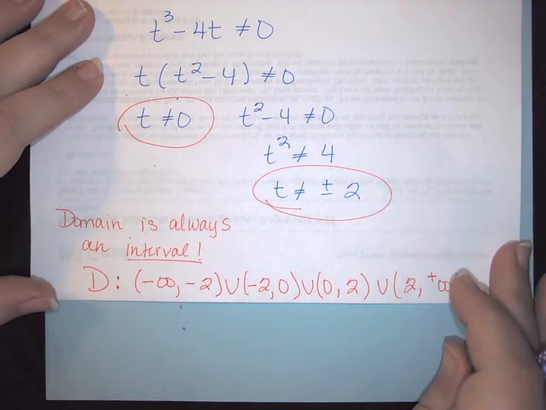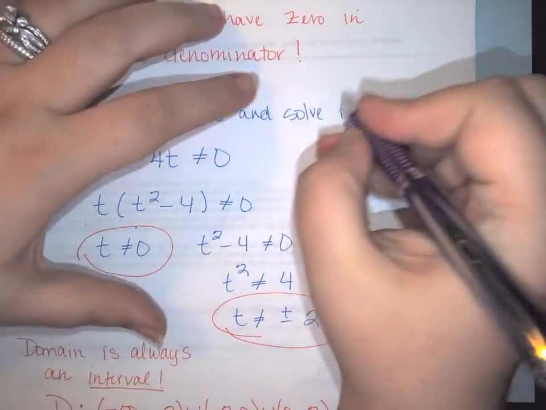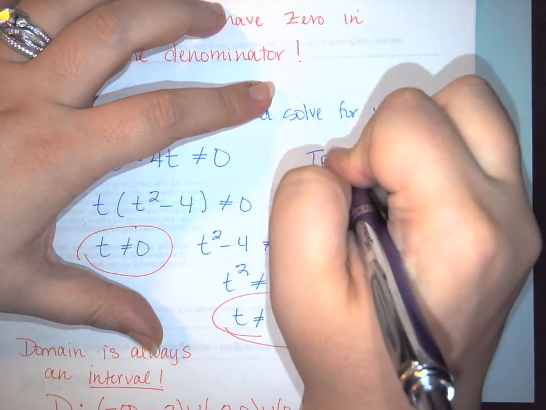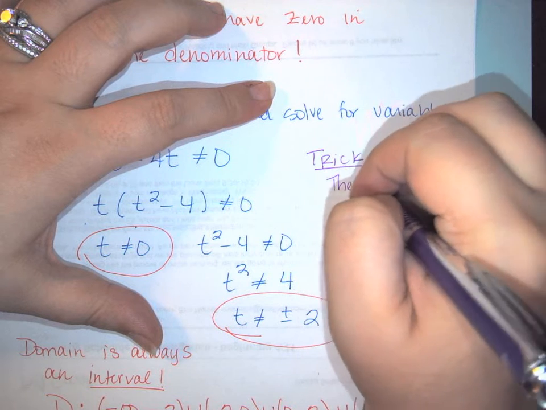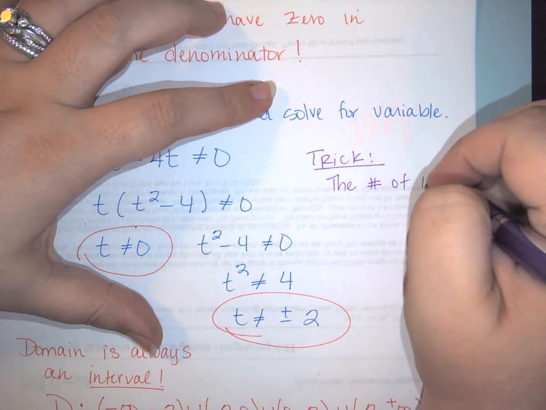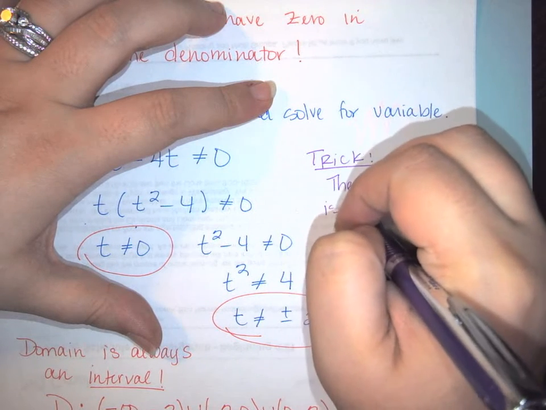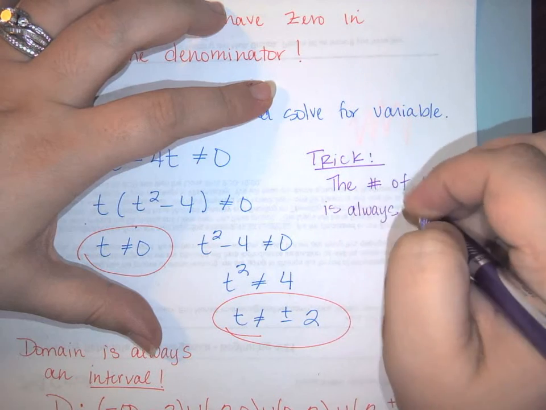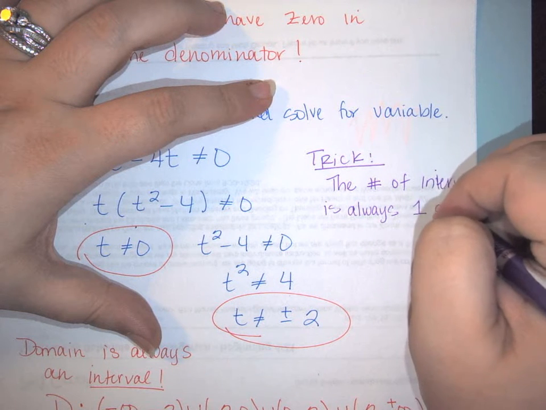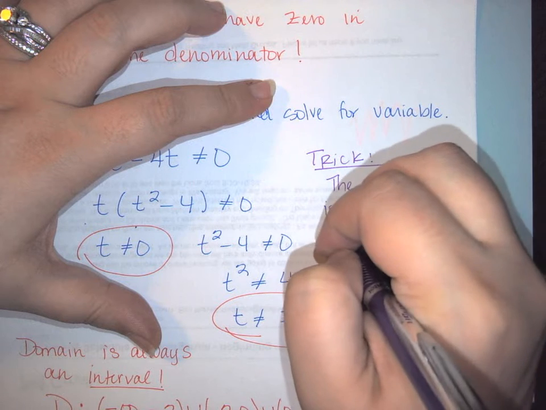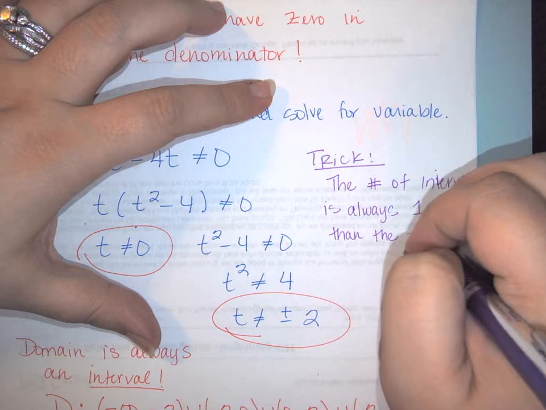Now, I can give you a little trick so that you know if you have enough intervals. The number of intervals is always 1 greater than the power.